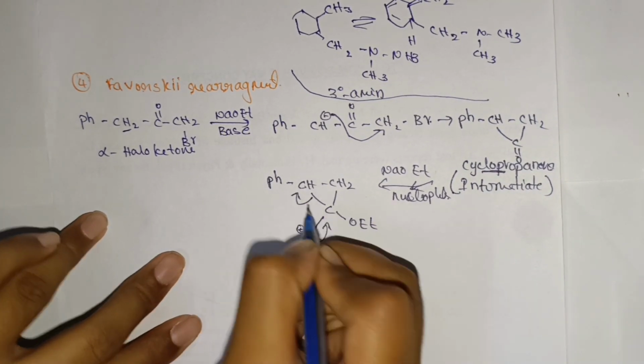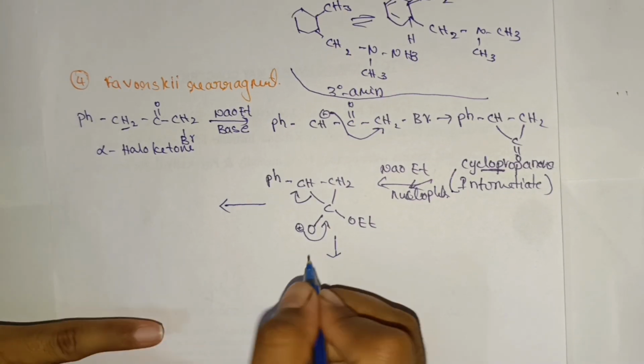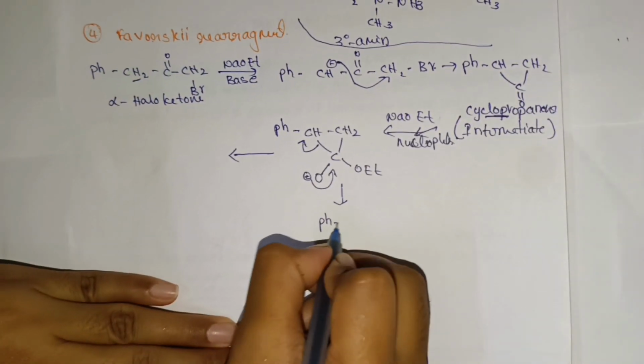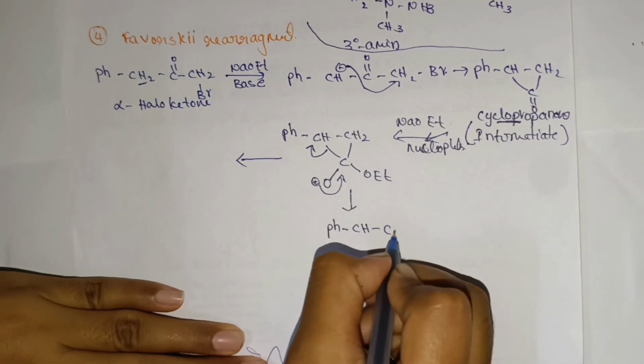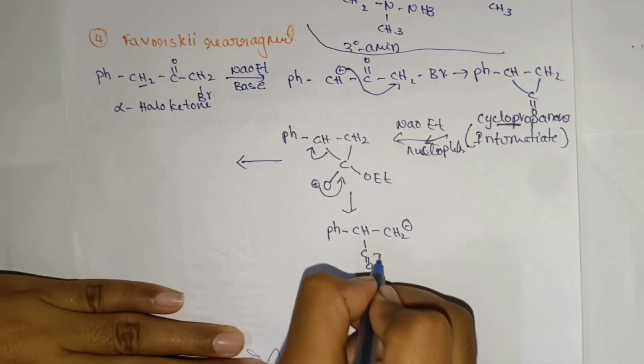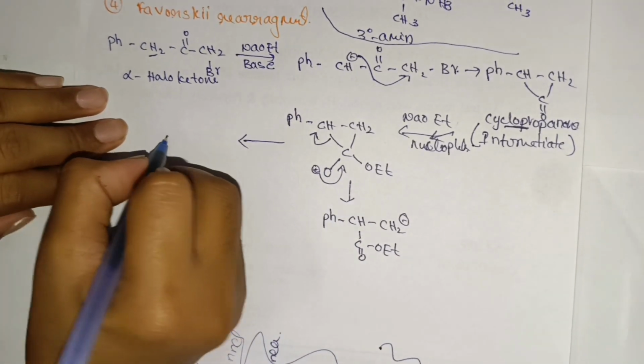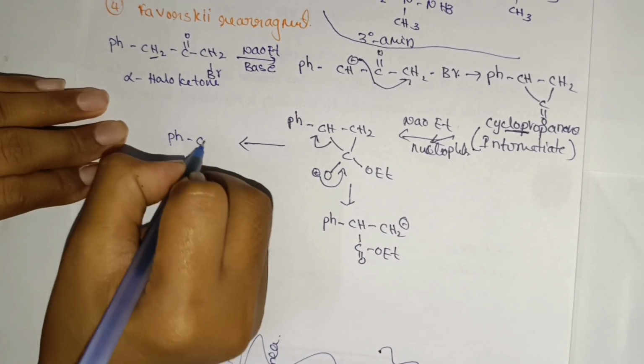This negative charge migrates here. After this it forms two products. The first one is phenyl CH2 negative charge, C double bond O OEt.